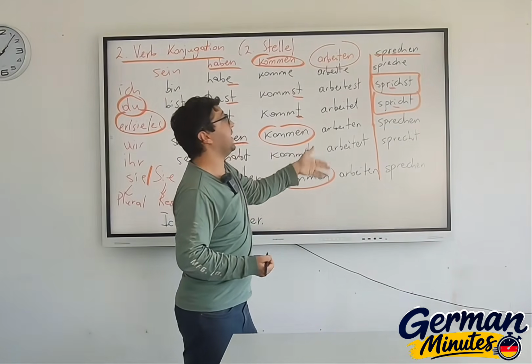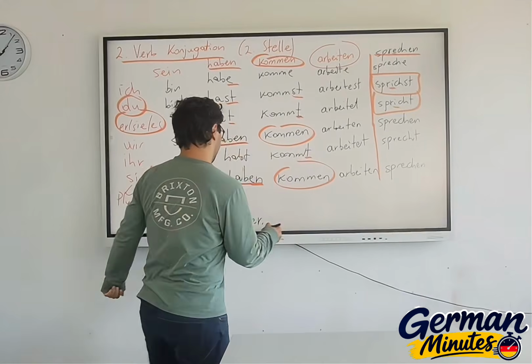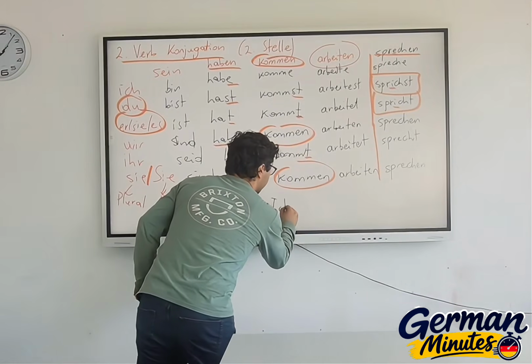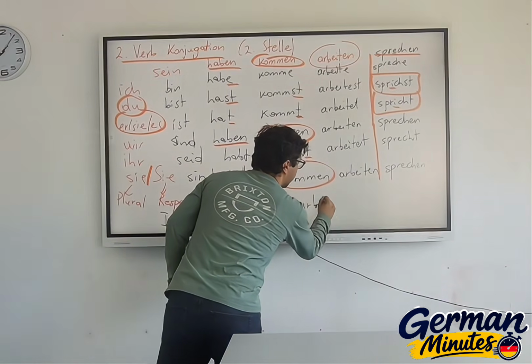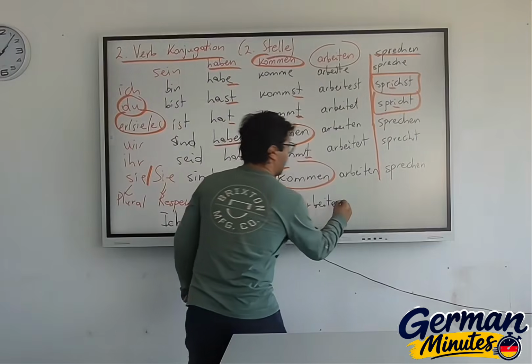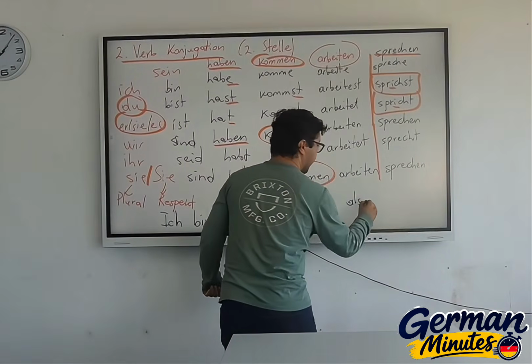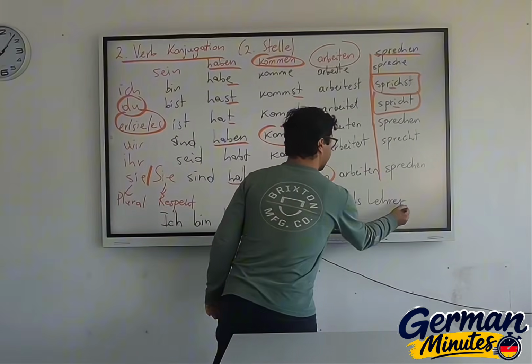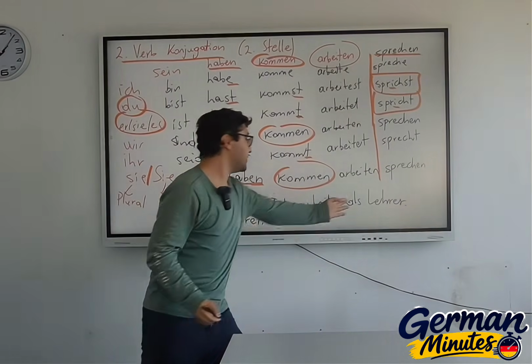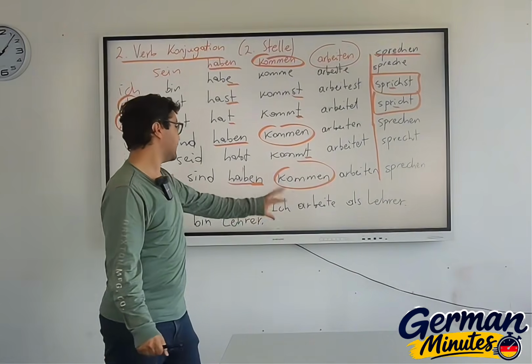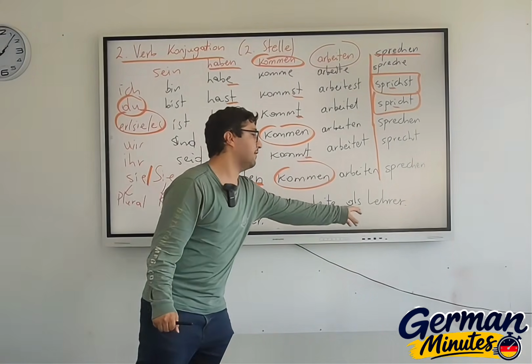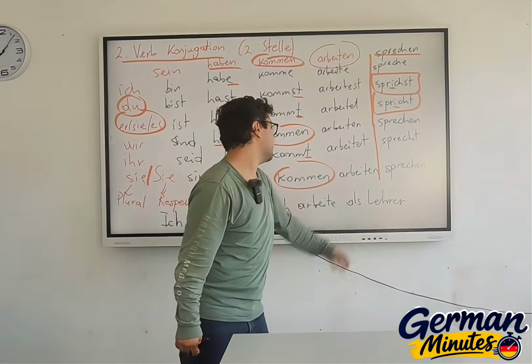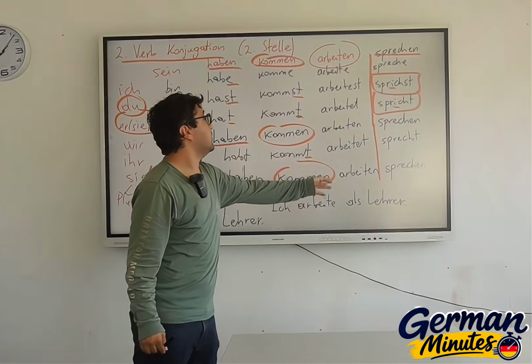Or when we say arbeiten, ich arbeite als Lehrer. We can also say, ich bin Lehrer, ich arbeite als Lehrer. We can say two structures here. I work as a teacher.